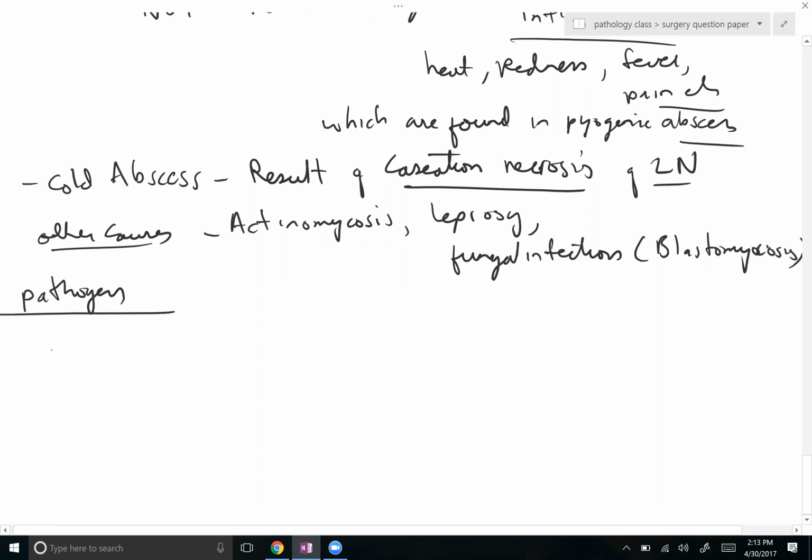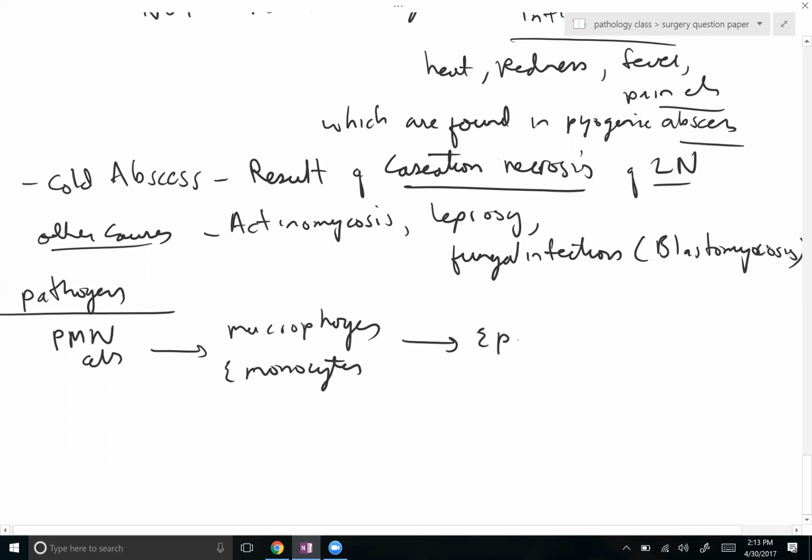Okay, it is basically due to polymorphonuclear cells. They develop into macrophages and monocytes. The monocytes are present in the blood; when they enter the tissues they become macrophages. They modify themselves and are known as epithelioid cells.